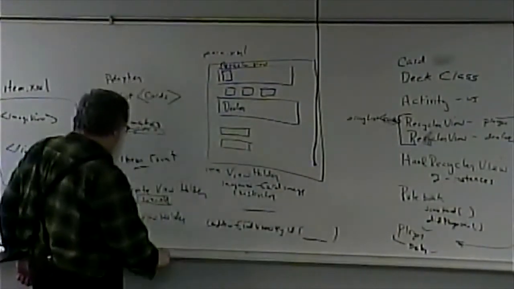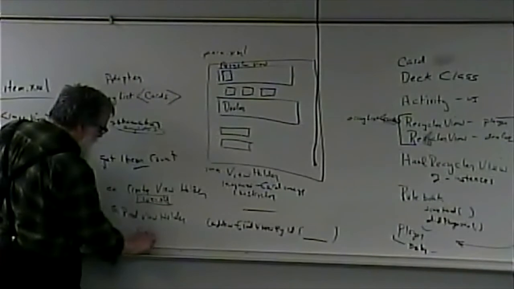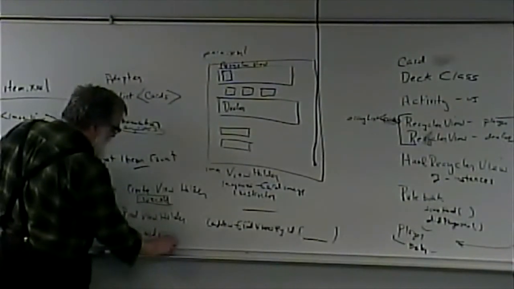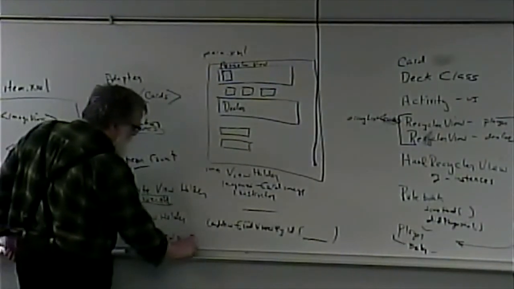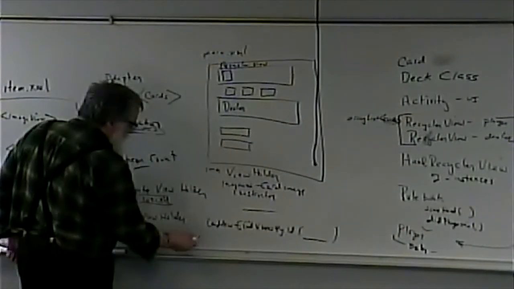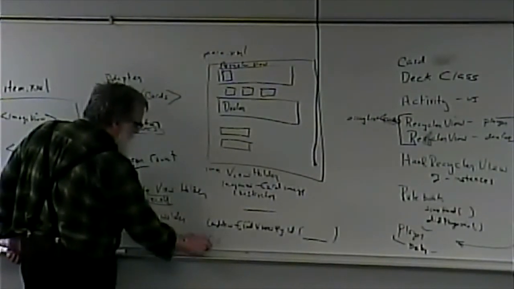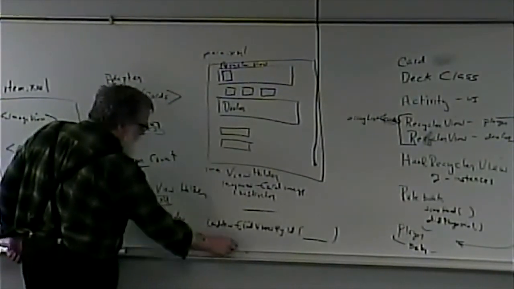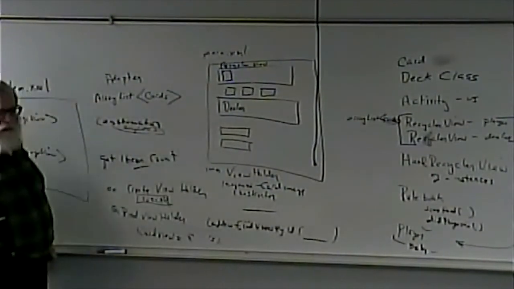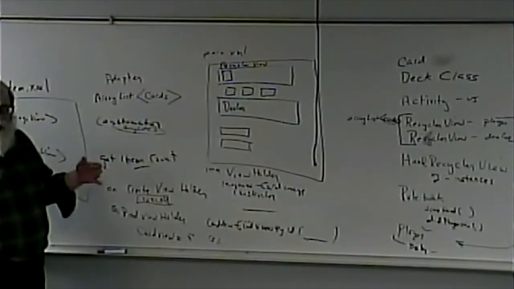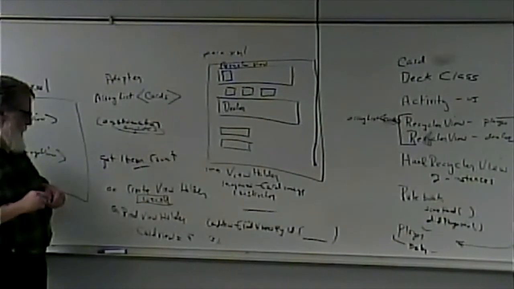And then here, we're going to call some code on card view to set the image to that ArrayList's element, and calling the get card image, get card file name, or whatever we call that method.